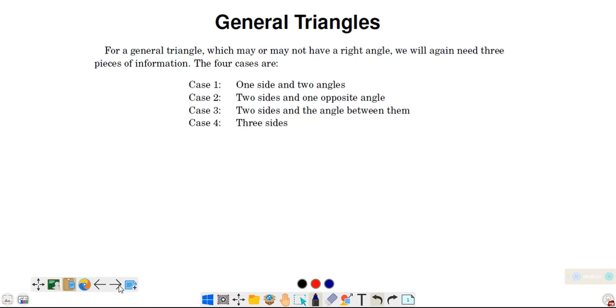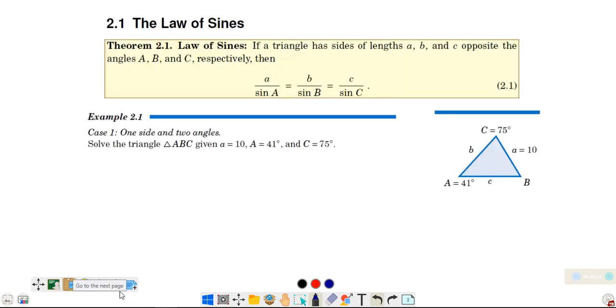So, we are going to start with the first law out of tatlo yung law na i-discuss yata natin for this week, I think. So, the first of the three, we have law of sines.